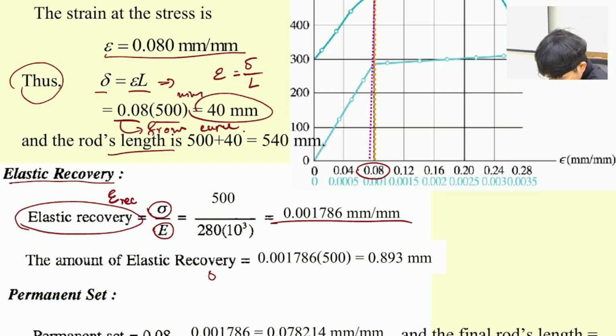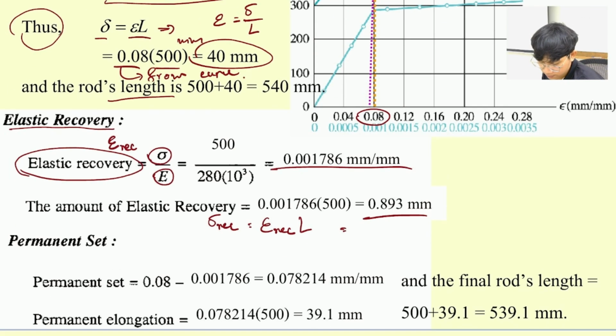And then if I would like to find the amount of the recovery, I can just use a similar formula: the length of the recovery equals strain recovery multiplied by L, which is the length of the sample, and I'm going to get it equal to 0.893.